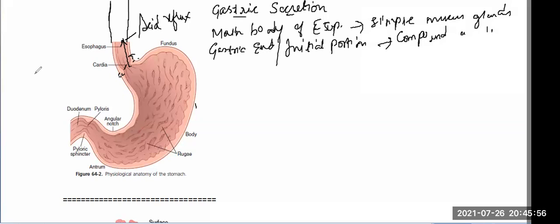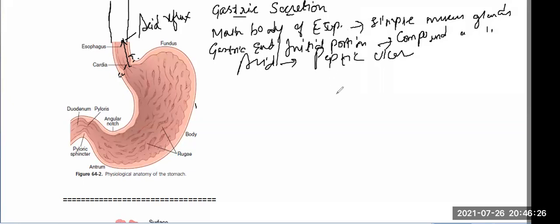And these acidic juices refluxing into your esophagus may cause peptic ulcer. Even with these compound mucous glands, we still see peptic ulcers in the esophageal wall due to acid reflux.